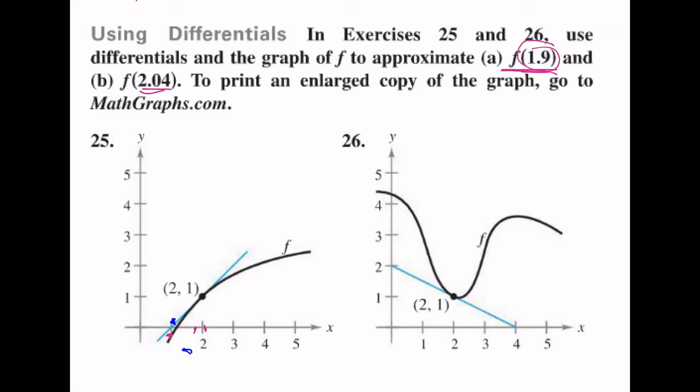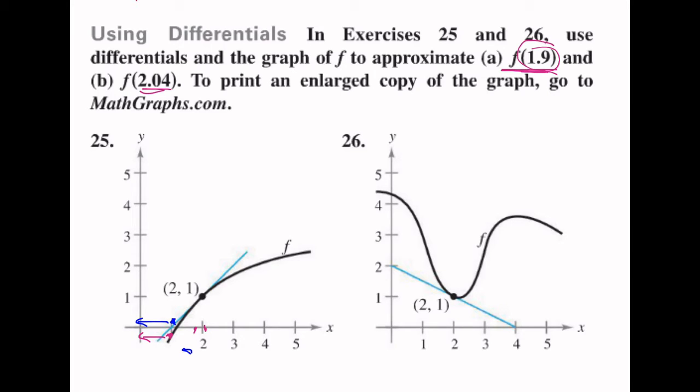What they're saying is we could use f of 1, which let me show you about where that is, to approximate... I'm sorry, I can use the value of the tangent line at 1 to approximate the value of the curve at 1.